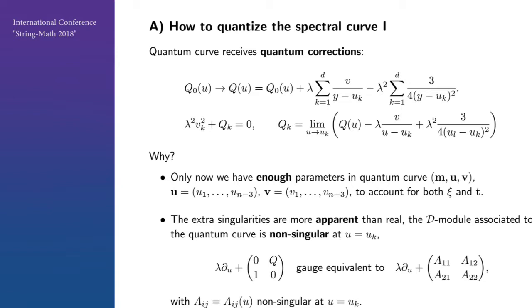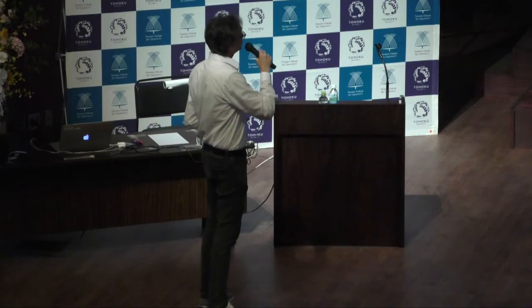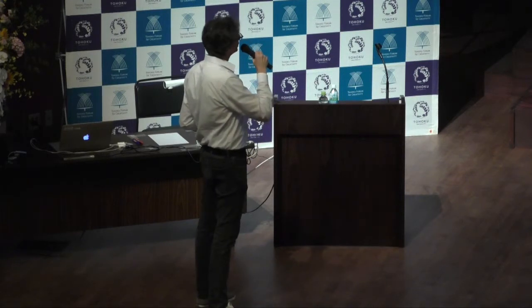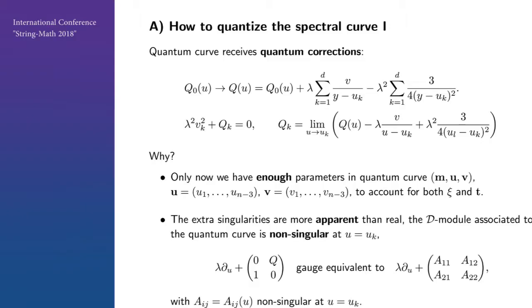So two things you should notice, and this is what motivates this modification, which, when you think about it, makes clear this is inevitable, this is what you have to do, no way out. First, if you do the counting, you will realize that only now you have enough parameters in the quantum curve that there can exist a mapping to our parameters zeta and t at all. Before, this was not the case. There were too few parameters.